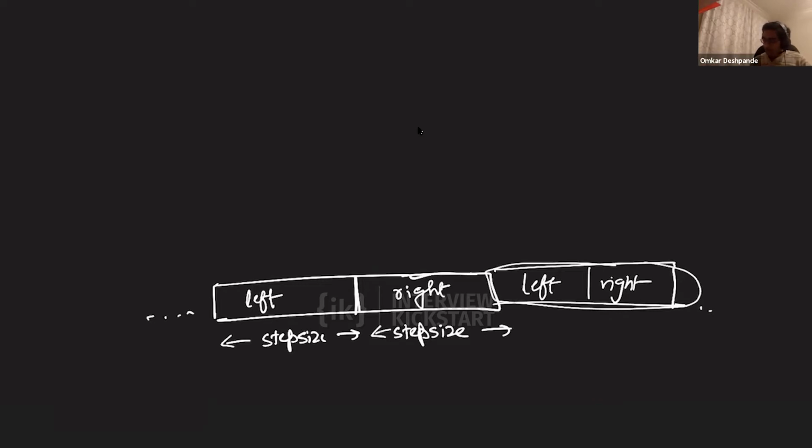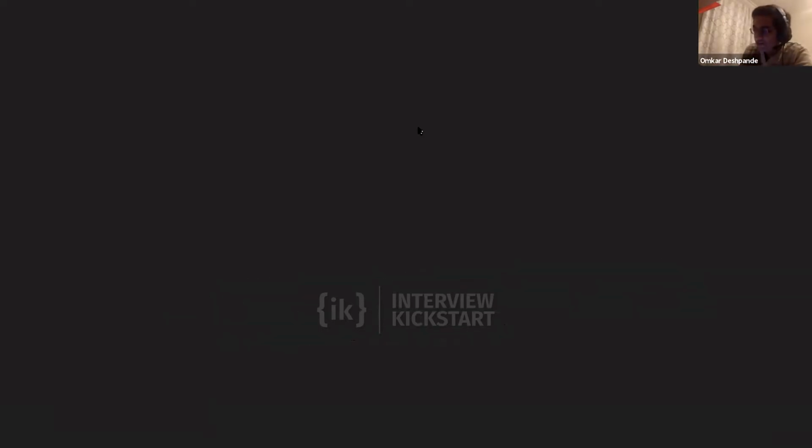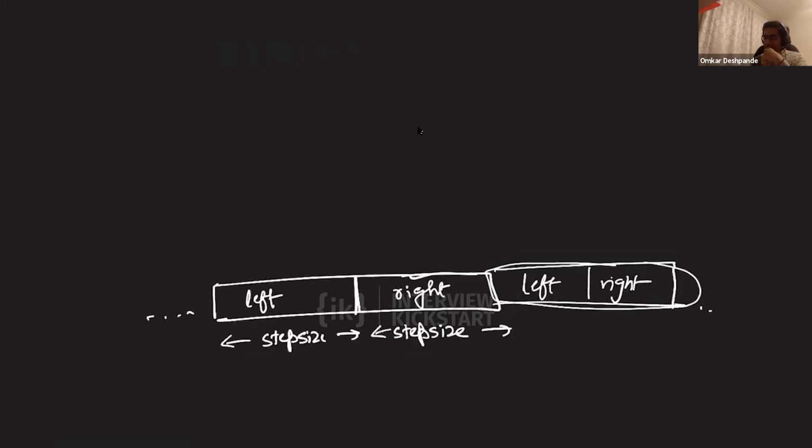So let's think about how we might write the code for this. The step size starts out being 1. That's the smallest step size that's possible. Well, this step size is going to keep growing, growing, growing.